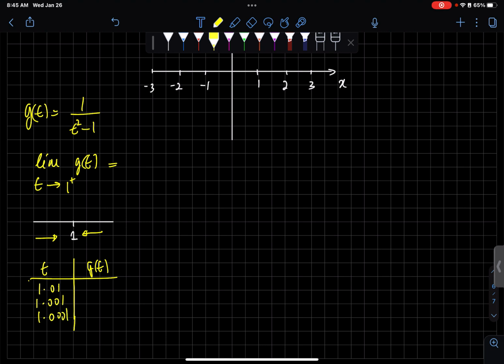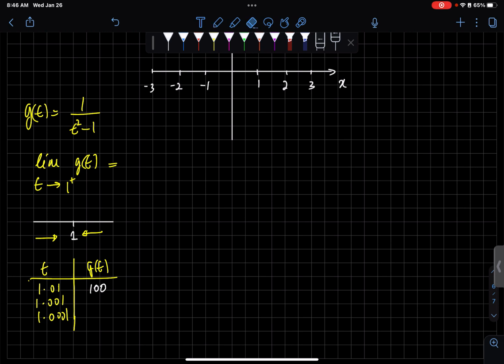And we can see what's happening to the function. So for 1.01 minus 1, that is 0.01, so 1 over that answer is 100.